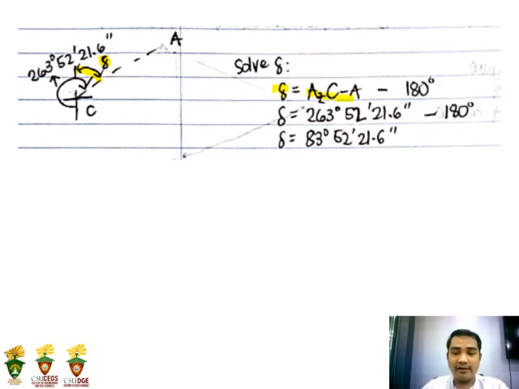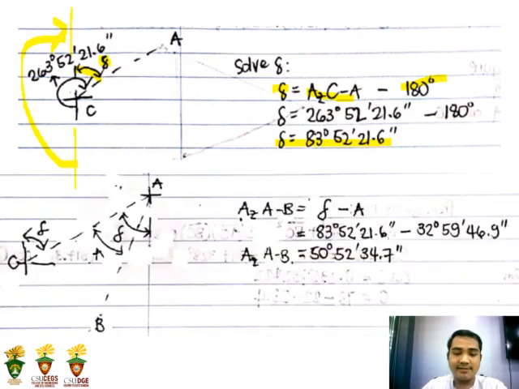Minusan na nato siya og 180 degrees, kay since from south padulong sa north is 180 degrees na siya. So 263 degrees 52 minutes and 21.6 seconds minus 180 degrees. So nakuha tay sigma nga 83 degrees 52 minutes and 21.6 seconds.